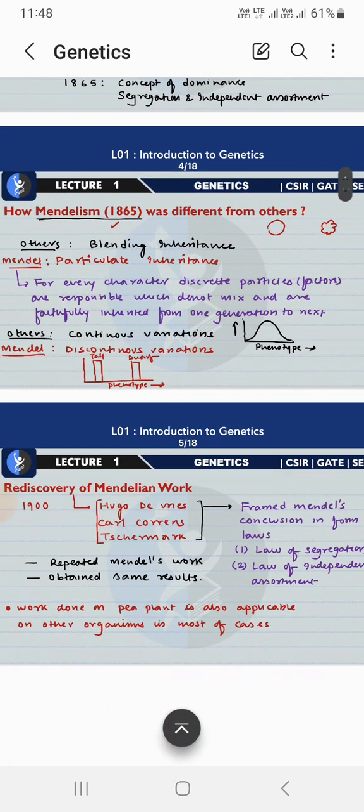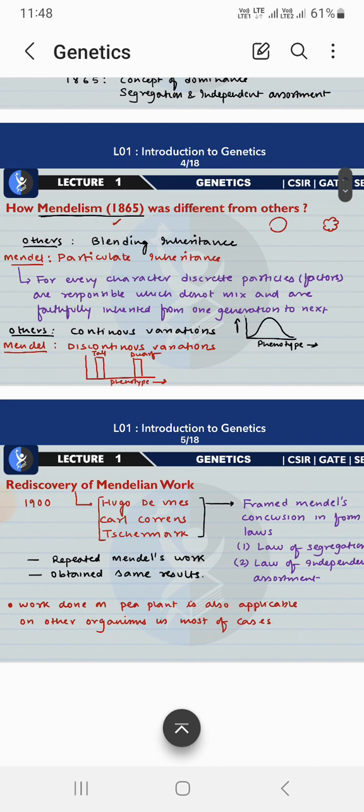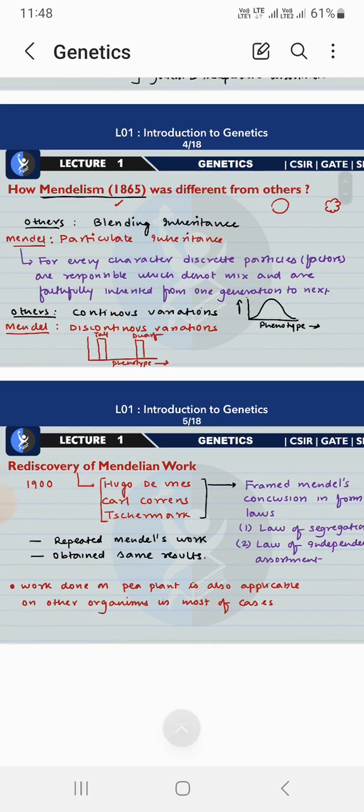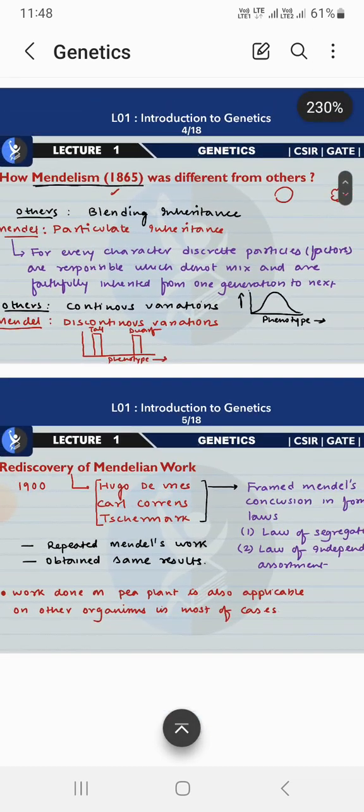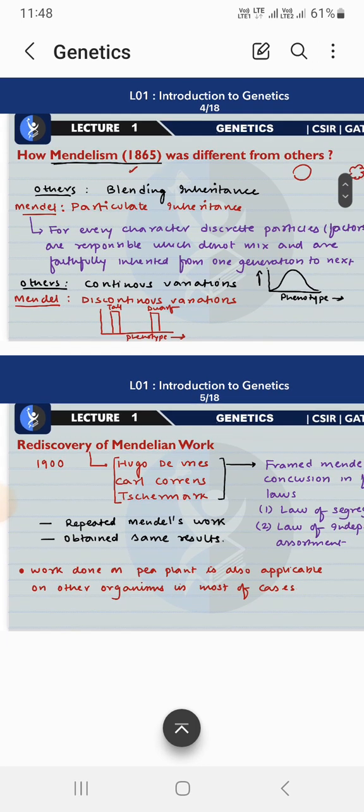So how was Mendel's conclusion in 1865 different from others? Why did this happen? The other scientists thought in terms of blending inheritance, meaning a mixed type of inheritance, while Mendel thought of particulate inheritance.